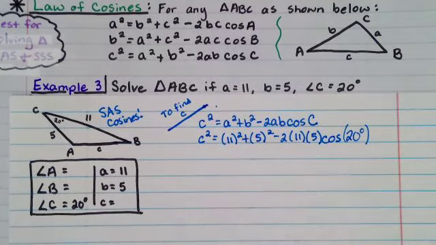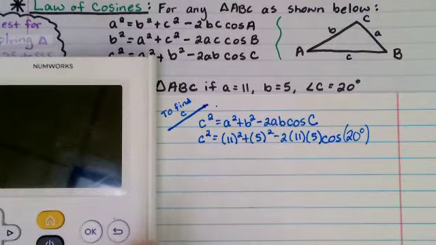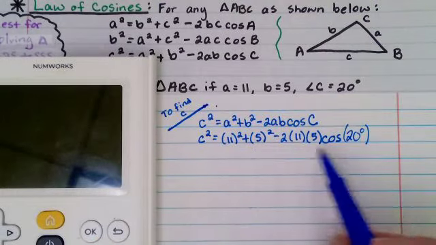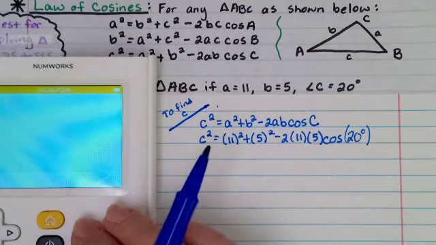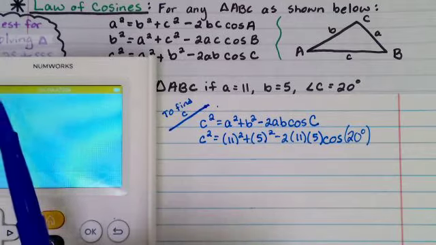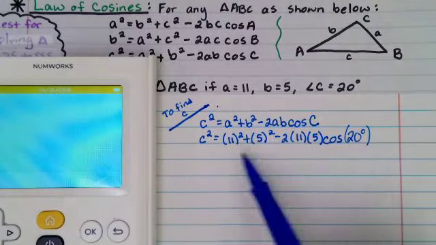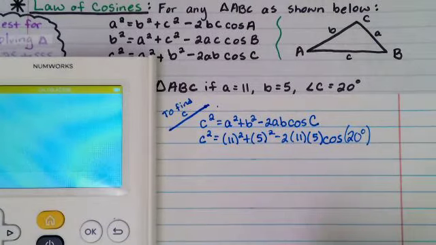So I'm just plugging everything in that we do know, and we're going to solve for what we don't. And in this case, since I do have everything on this right side of the equation, I can just go to my calculator, make sure your calculator is set in degrees, but I can just type this all in. The calculator will do the order of operations for us, so you don't have to break it down into a bunch of steps if you have this set up.